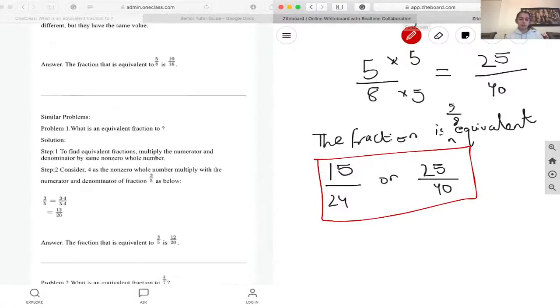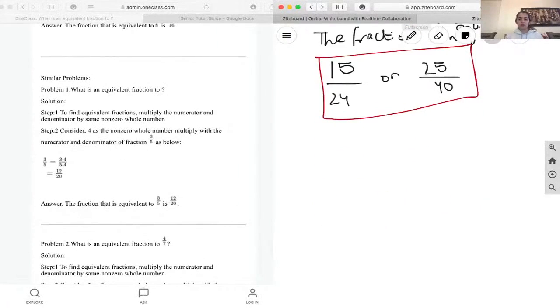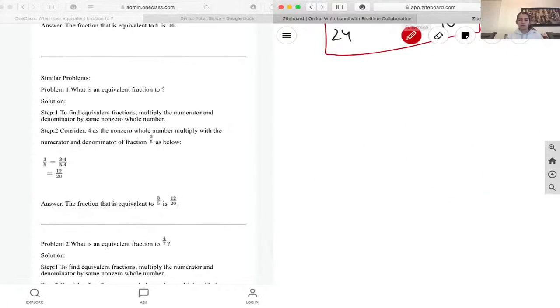We could do similar problems, so we can take a different set of numbers. So here we're given 3/5. We can pretty much multiply by any number. We can multiply by 100, by 25, but again, a reminder that whatever you do to the numerator, you have to do to the denominator. We can also divide them, but that's a later thing.